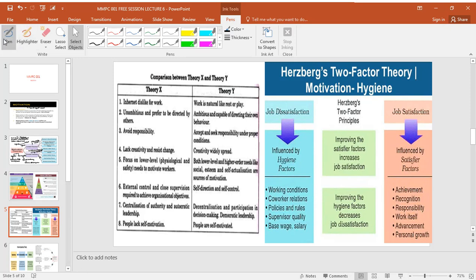Now moving to the next set of theory, that is theory X and theory Y. We already discussed theory X and Y in the first block, I hope so. It was proposed by McGregor.